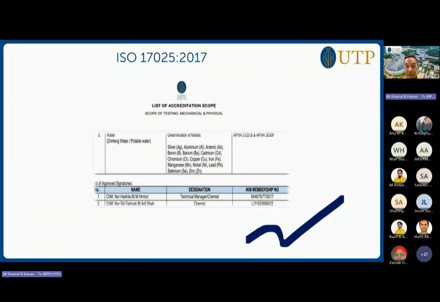The standards used are APHA 3120B and APHA 3030F. Then our list of approved signatories: chemist Nur Hashila binti Hamizi, who is also in this webinar today, is the technical manager and also a chemist, and also chemist Puan Nur Siti Fatimah binti Arif Shah.